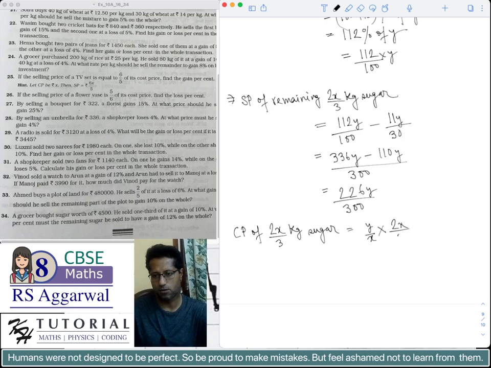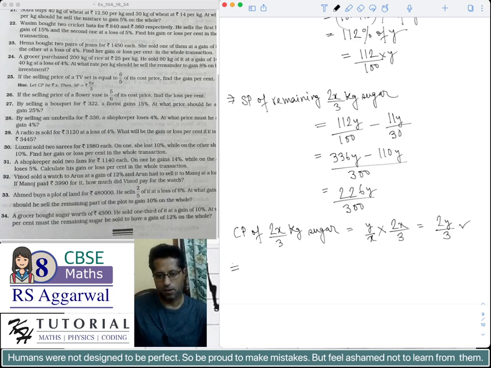Y by x is the cost price of 1 kg sugar. So this is equal to 2y by 3. So 2y by 3 is the cost price of the remaining sugar, that is 2x by 3 kg sugar, and the selling price of the remaining sugar, that is 2x by 3 kg sugar, is 226y by 300.